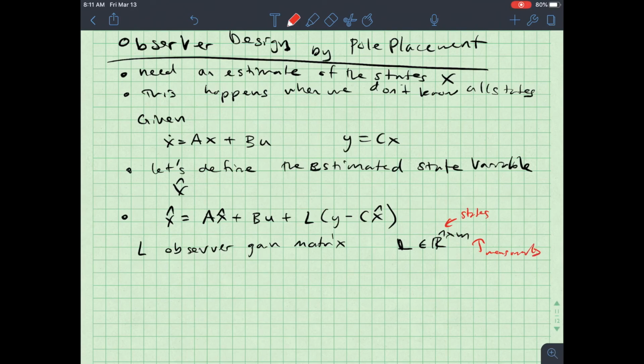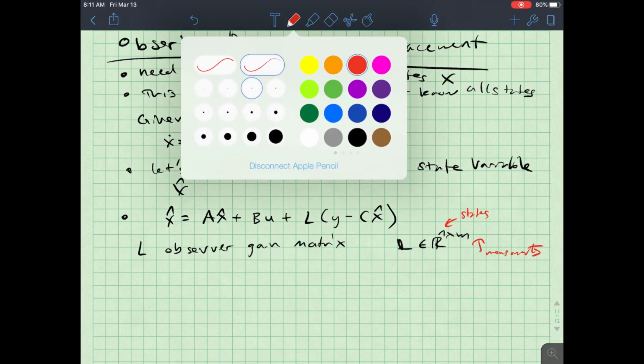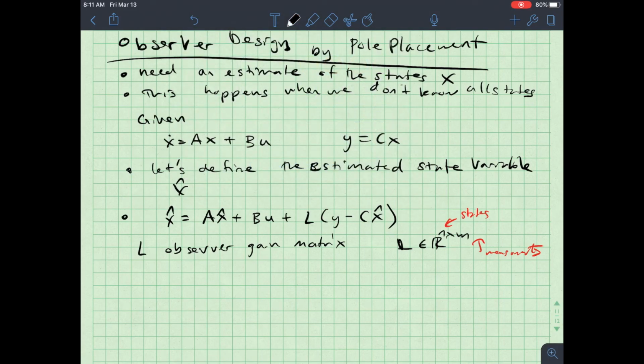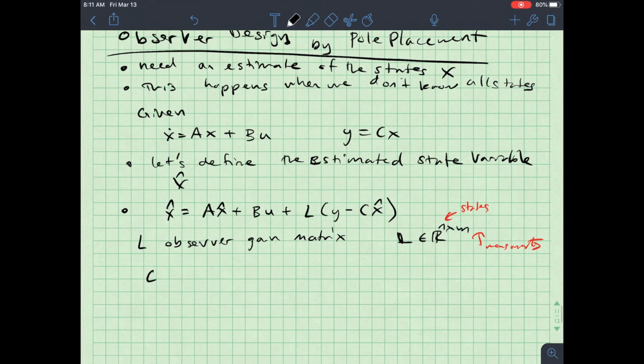So C X hat equals Y hat, my measured output. So if I go back up into here, this is actually L times Y minus Y hat.